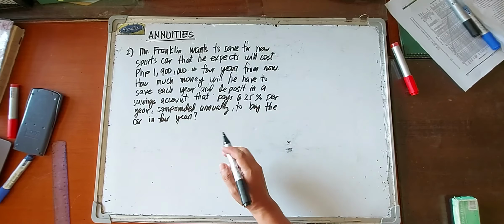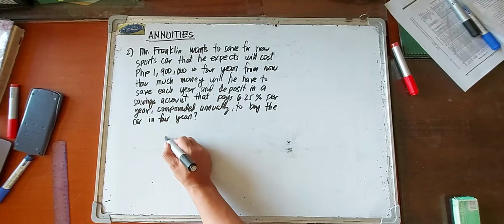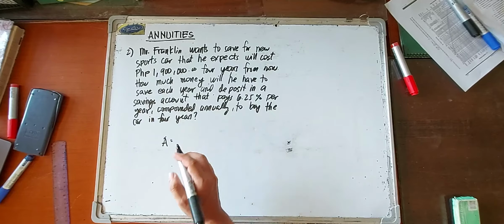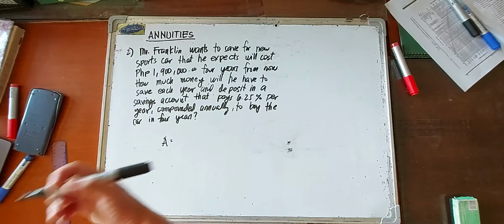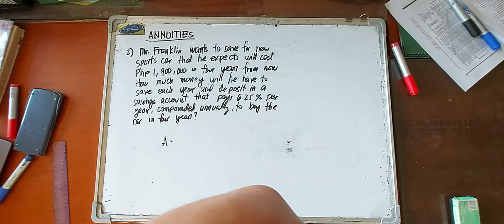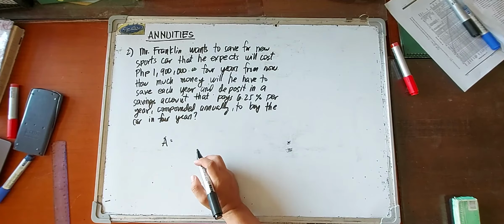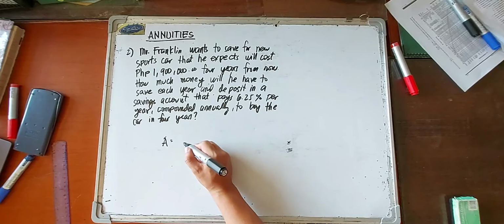Okay, so we are solving for the annual deposit to meet the desired amount, which is after 4 years, which is 1,900,000.